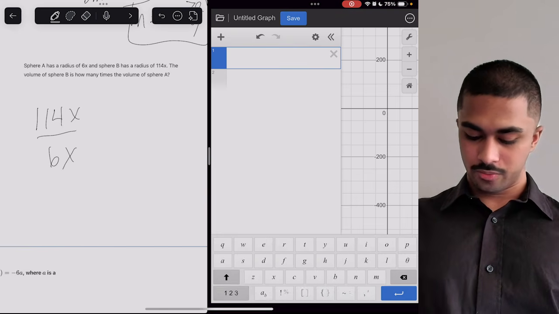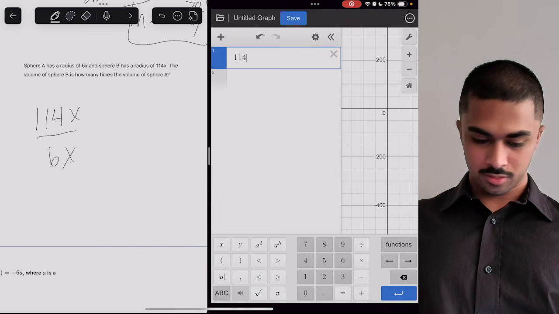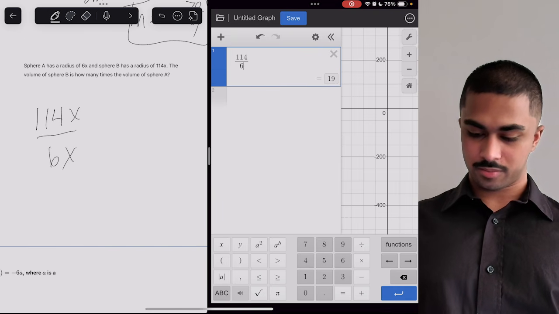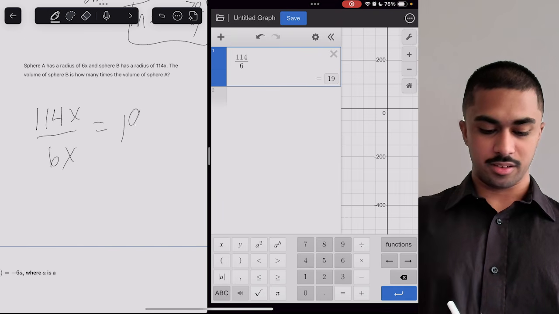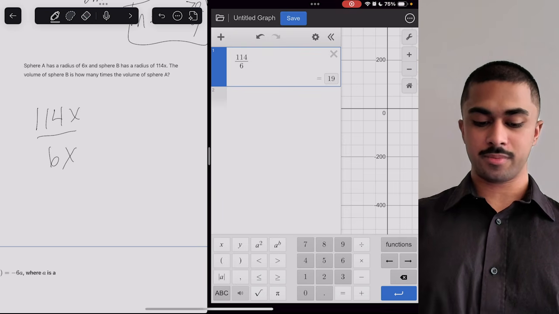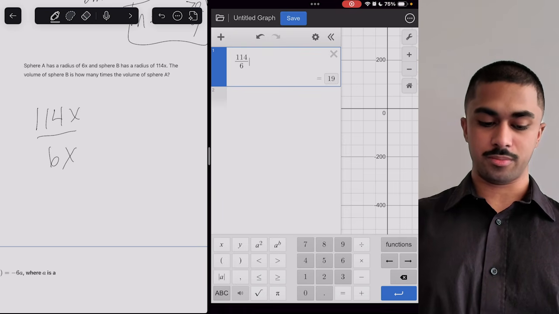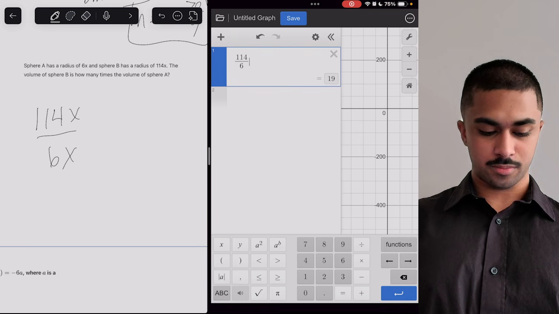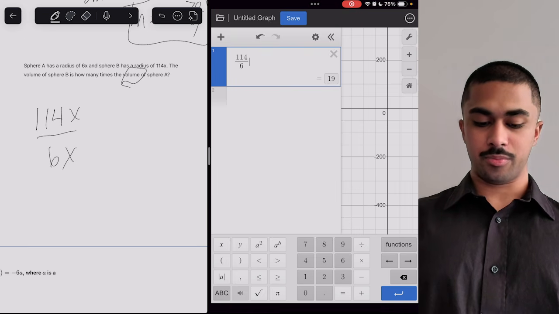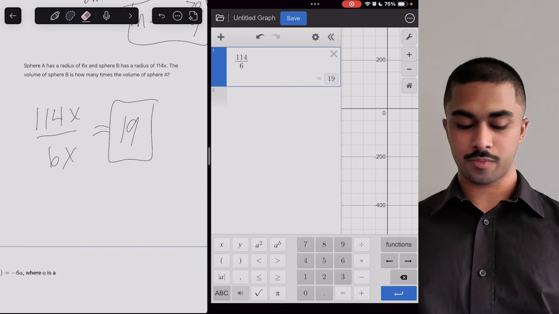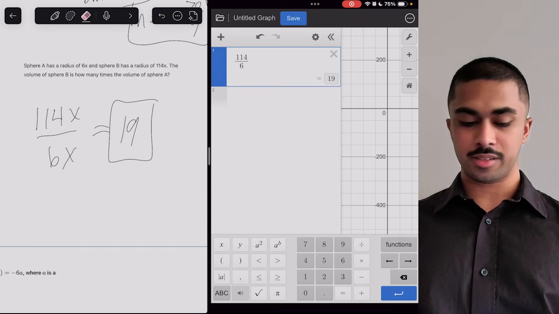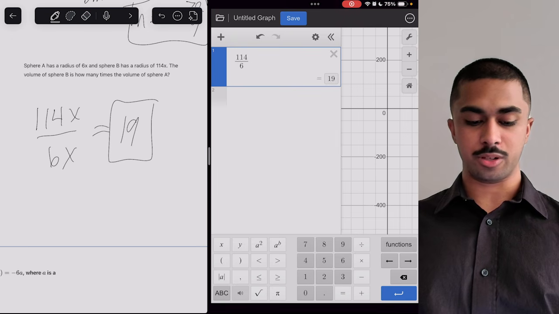Let's do 114 divided by 6. This is equal to 19. That means that the radius of sphere B is 19 times larger. How many times larger is the volume? Now, 19 is actually our scale factor. This is how many times larger basically the radius is.